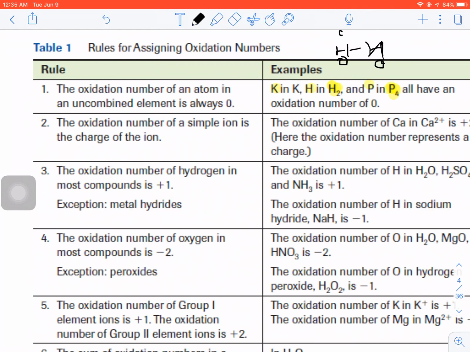So hopefully there's our first rule. In an uncombined element, an element on its own, carbon, magnesium, sodium, lithium, helium, neon, an element on its own always has an oxidation number of 0. So there's my first rule.